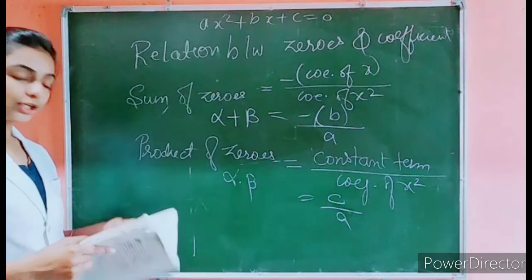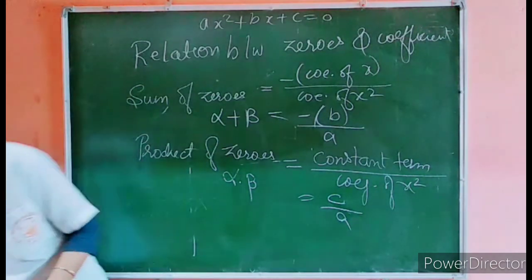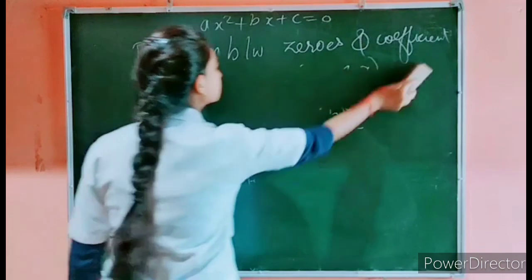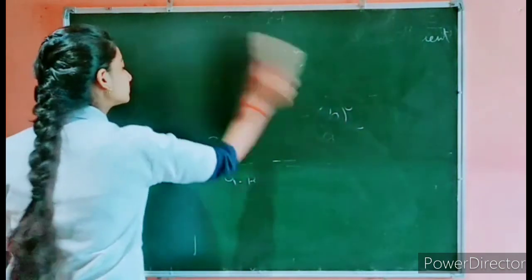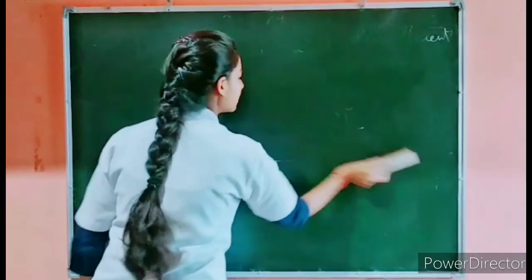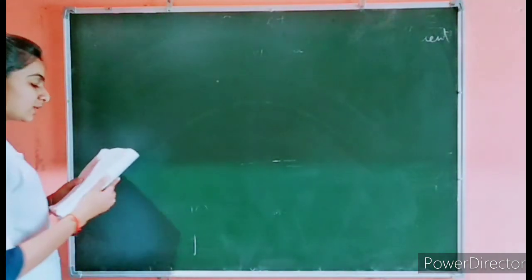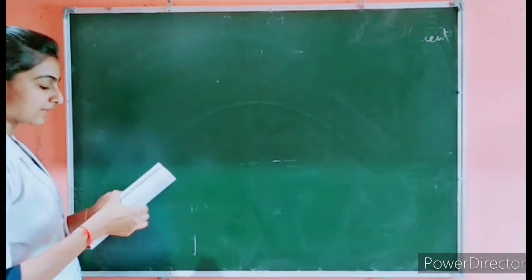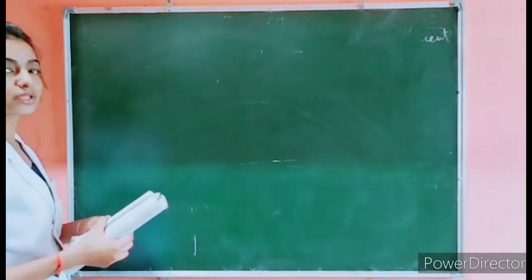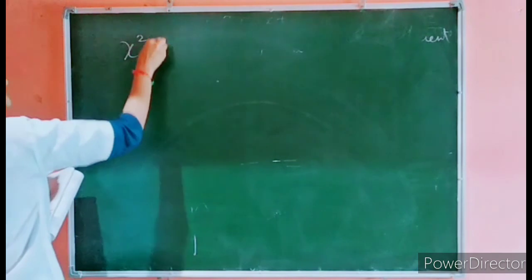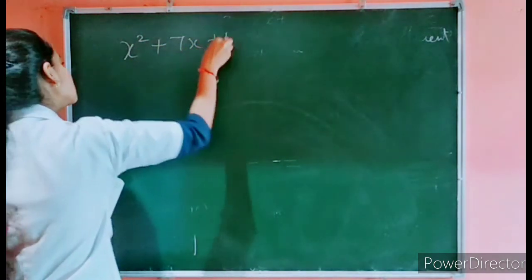Taking example 2. Find the zeros of the quadratic equation and verify the relation between zeros and coefficients. The equation given is x square plus 7x plus 10.